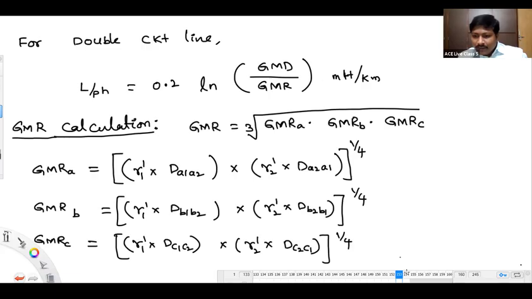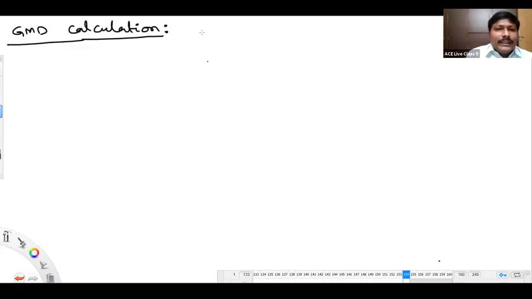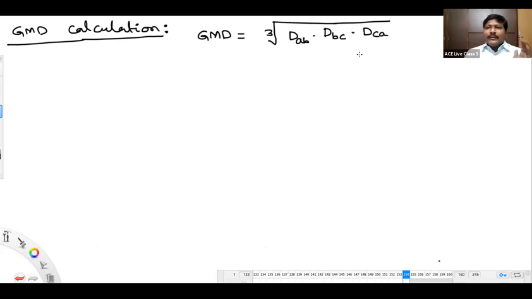That's it. So the GMD of the system is the cube root of the AB distance, BC distance, and then CA distance.